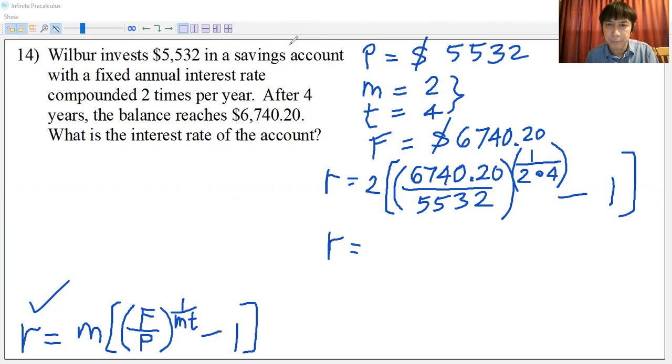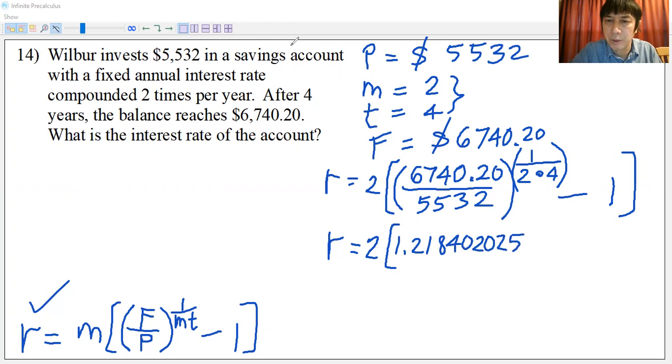I will write it part by part. So this is 2 times, and after dividing these two numbers, we have 1.21840 2025.